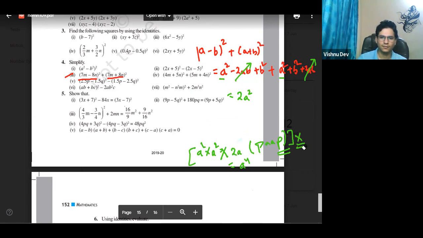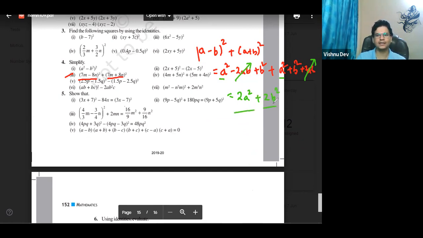Okay. And again, b square plus b square is 2b square. Very good. So don't you think that this is the answer? Yes, sir. Now, what you have to do? Again, instead of A, what is given?